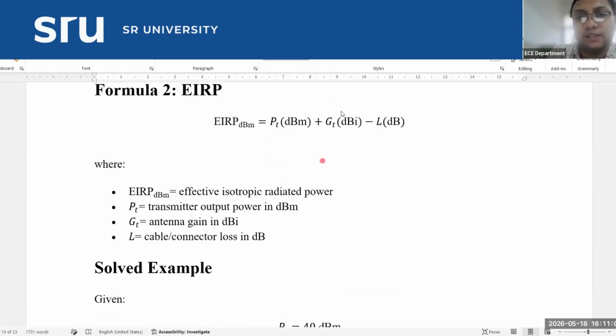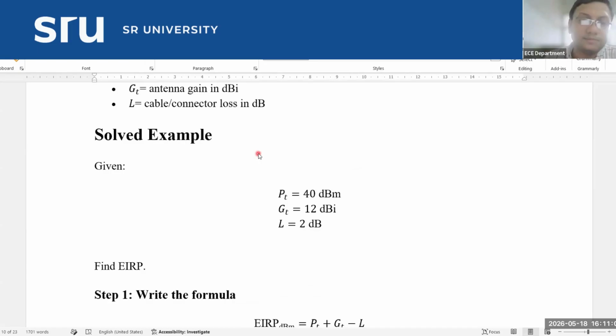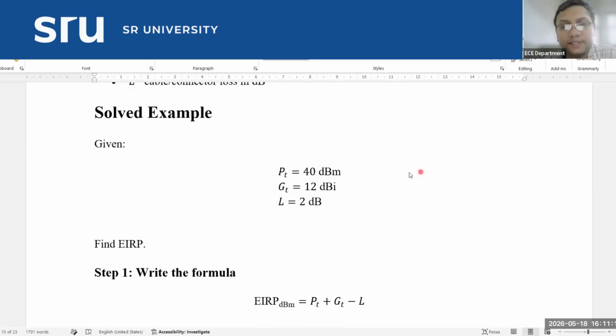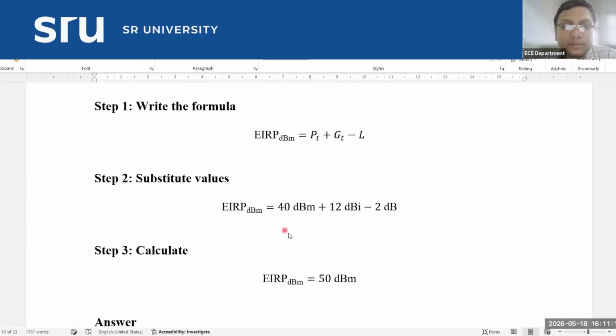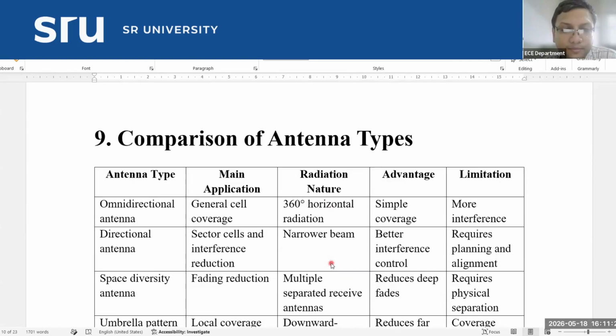This formula we need to remember. For example, it is given that the transmitted power is 40 dBm, the gain of the antenna is 12 dBi and the loss is 2 dB. So PT plus GT minus L will be 50 dBm.